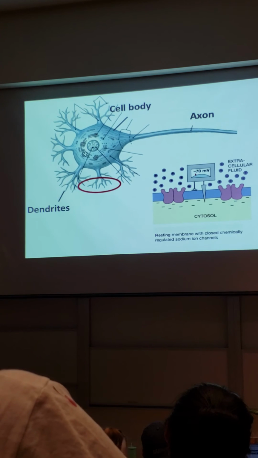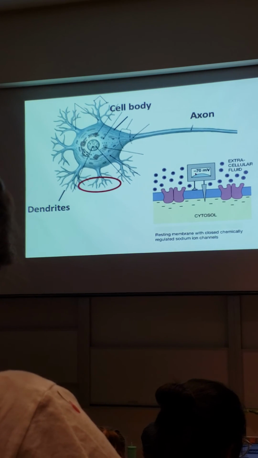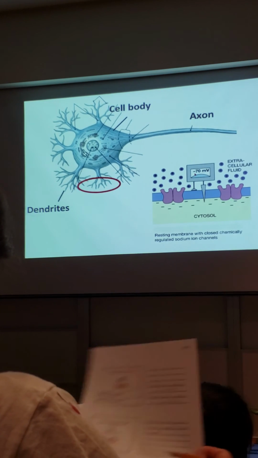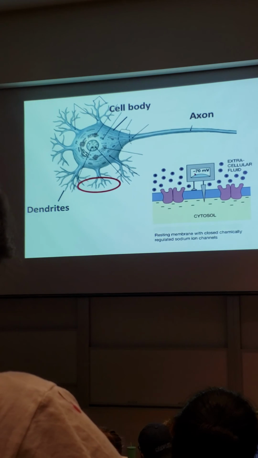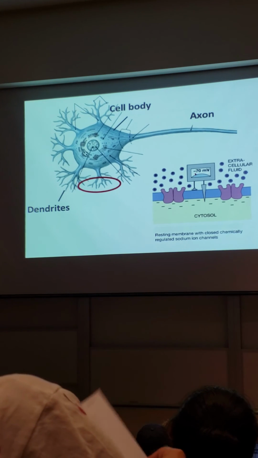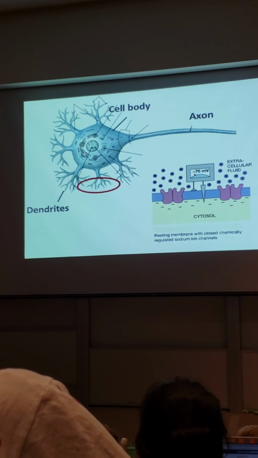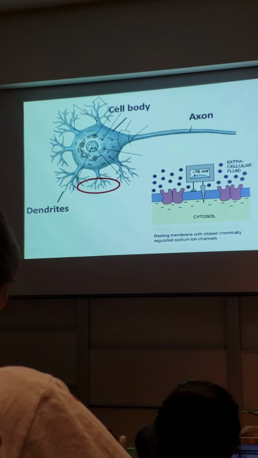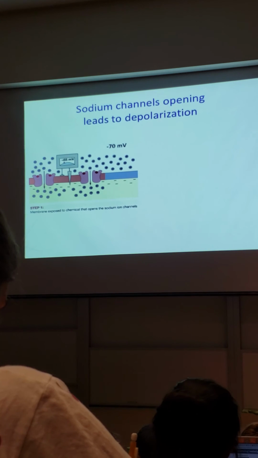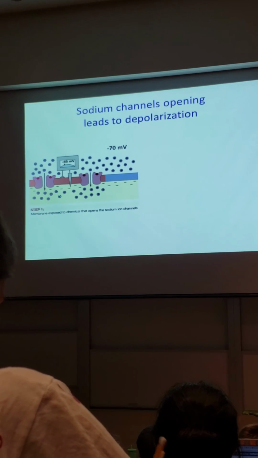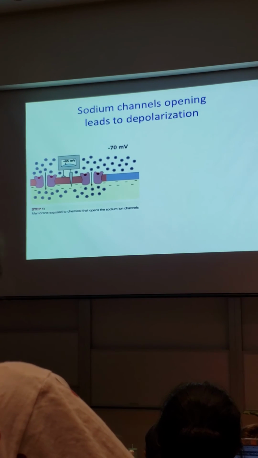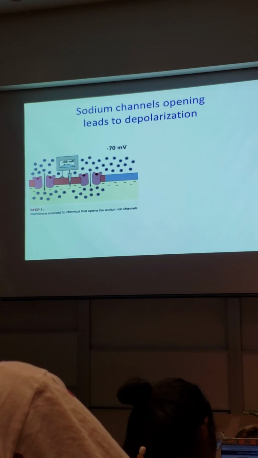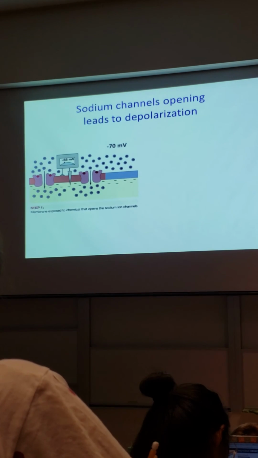Now let's make some changes. How would you open these gates? If it's the example that we used 2 slides ago, what would you provide the cell with? A ligand like acetylcholine, right? So let's give this cell acetylcholine. These are the red dots. They will bind to whatever site they have, the binding site. Again, specificity.